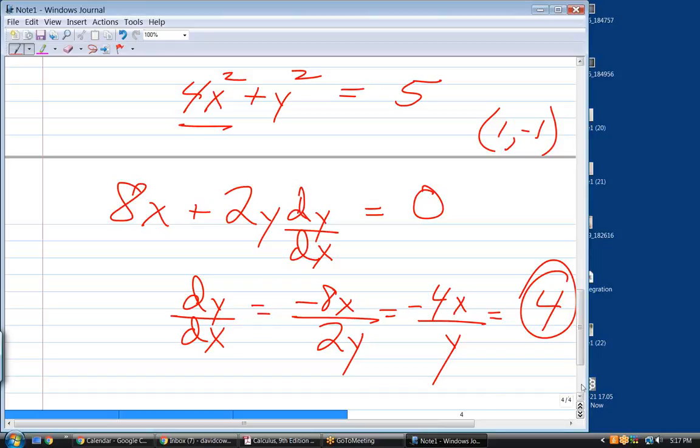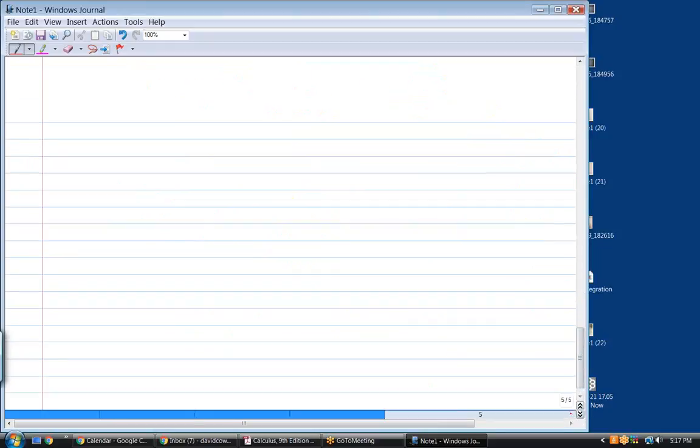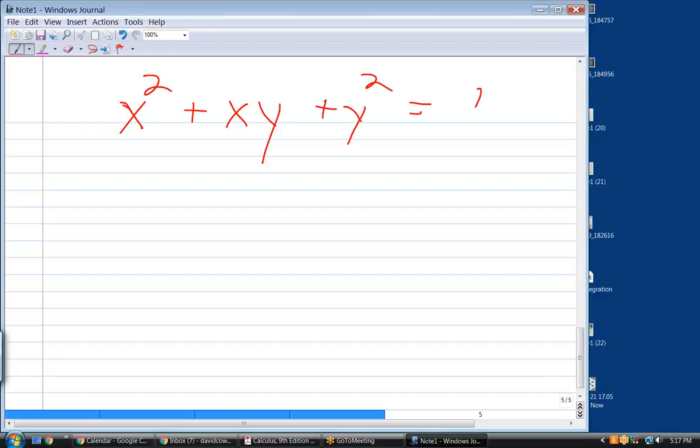Most of this implicit differentiation is easy, so let me give you one that's a little different. What makes this different is that in the previous problems, we actually could have solved the equation for y and then explicitly differentiated.